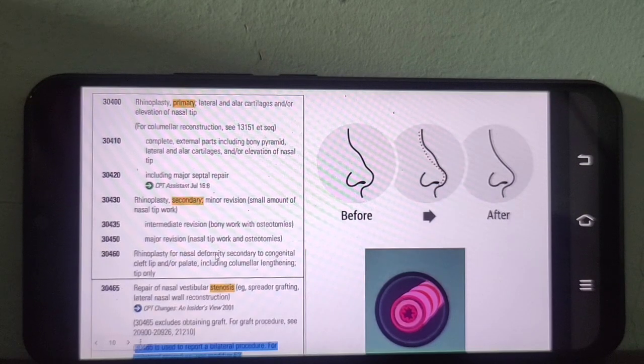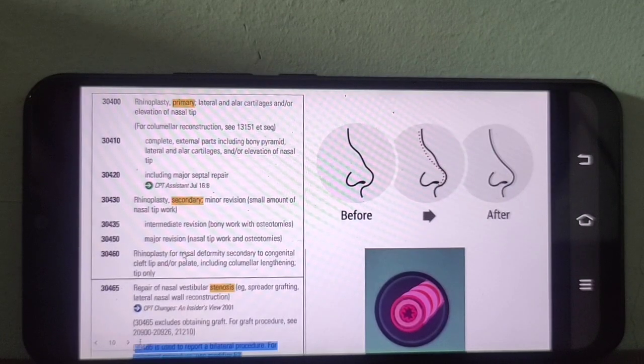The doctor must first make a surgery to correct cleft lip or cleft palate. Okay. After that, he performs the surgery to correct the nasal. So go for 460.